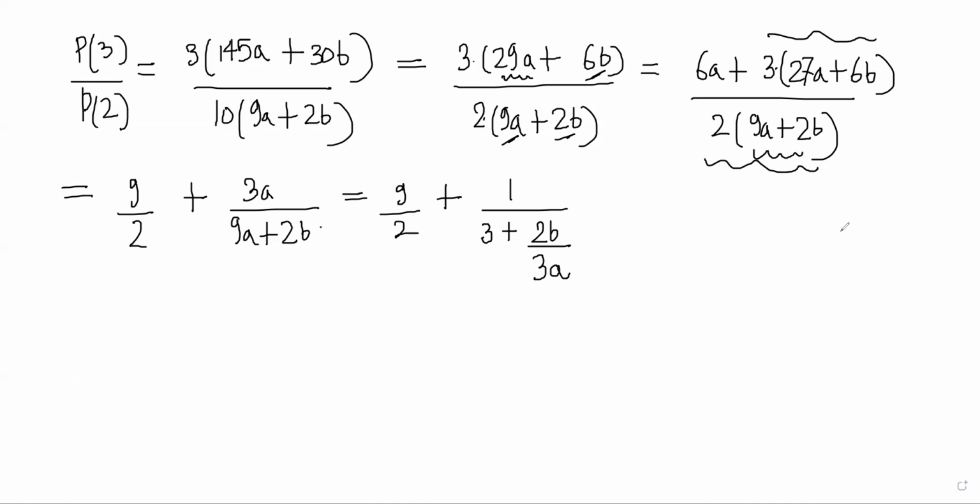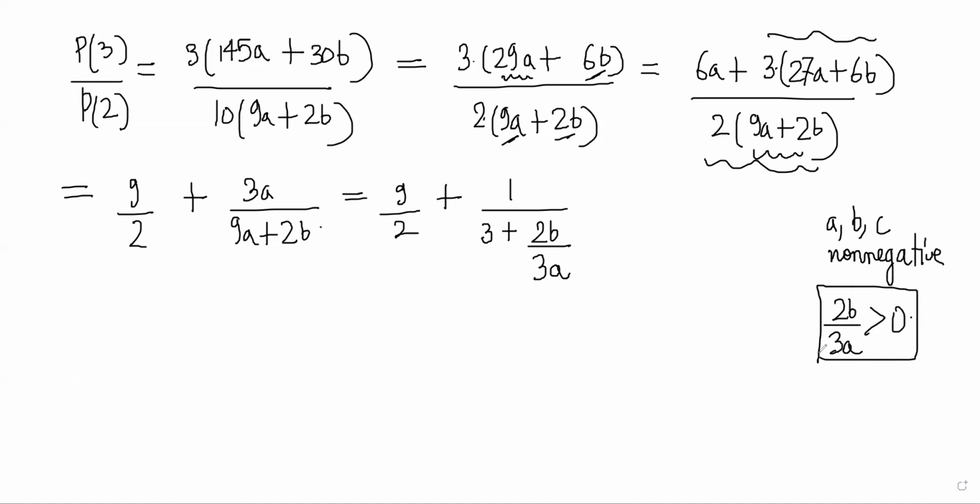So I think here we can show that b and a, oh yeah, it had non-negative integer coefficients. Non-negative, right? So basically b and a are positive. So therefore 2b by 3a is greater than 0, right?